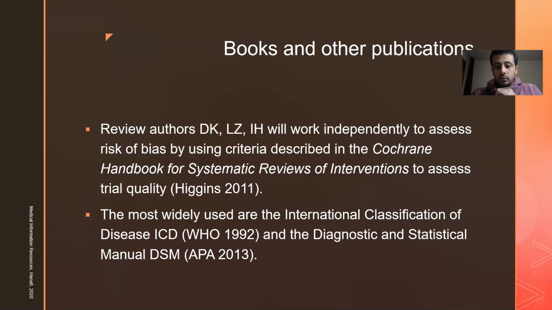Sometimes I can refer to the ICD, the International Classification of Diseases. So this is a website, another source of information. I can also refer to DSM-5. DSM also is a book for classification of psychiatric diseases. So those are books, but they are very commonly cited.